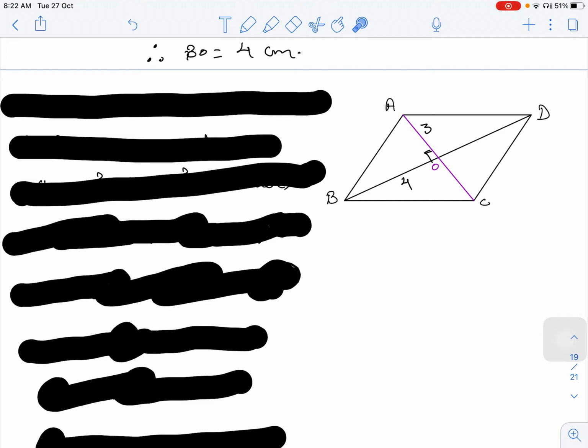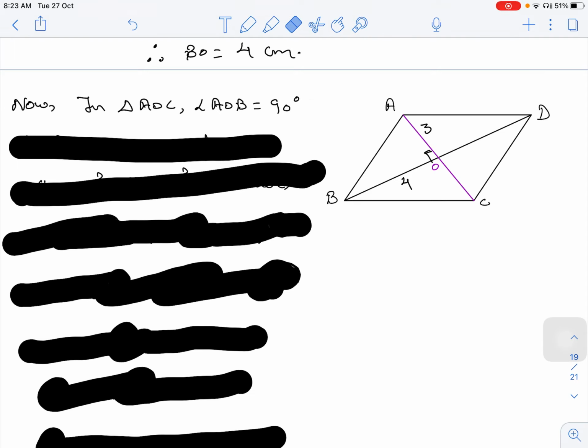Now what we have to do? By using these two, we have to find the value of this AB. Now if you look at this triangle AOB, it is a right angle triangle. So the side opposite to this 90 degrees, AB, will become the hypotenuse. This will become the base, then this will become the height.